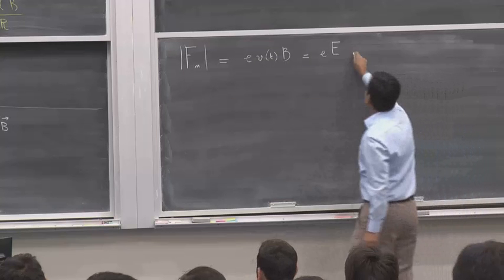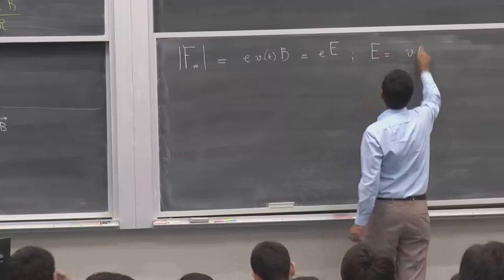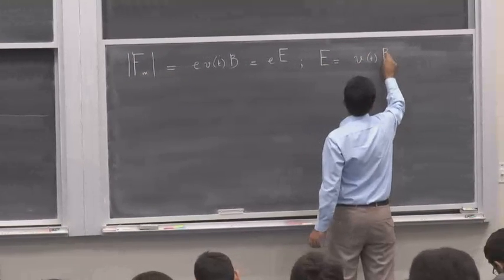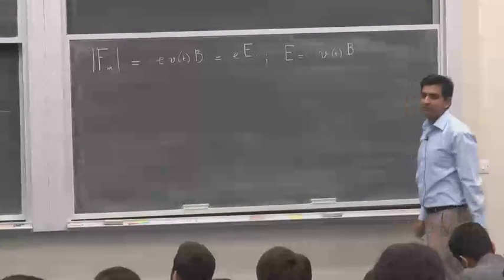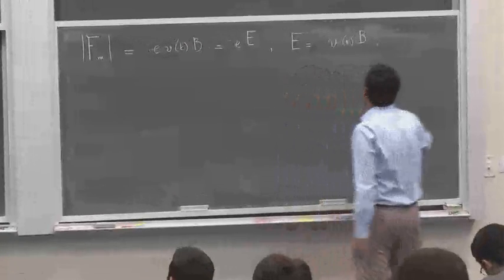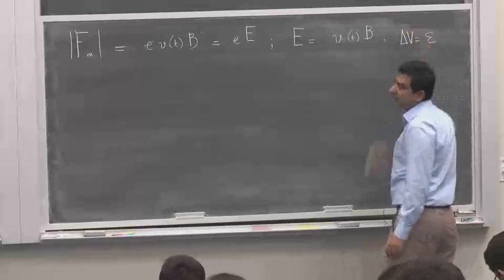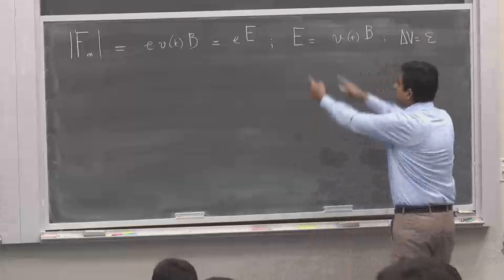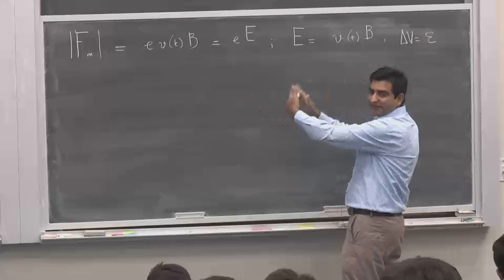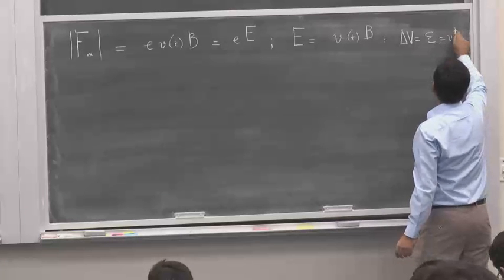Okay, now let's look at the electric field. The electric field that's set up, E, is VB. But what is the potential difference across the ends? The potential difference across the ends, which is called the EMF, equals this electric field into the length, the charge separation, which is L. So this is VBL.